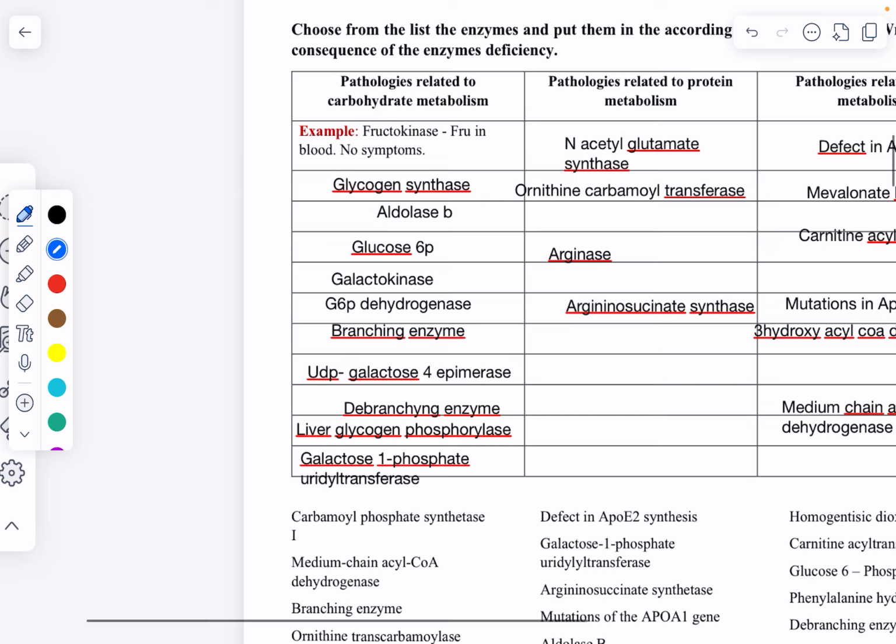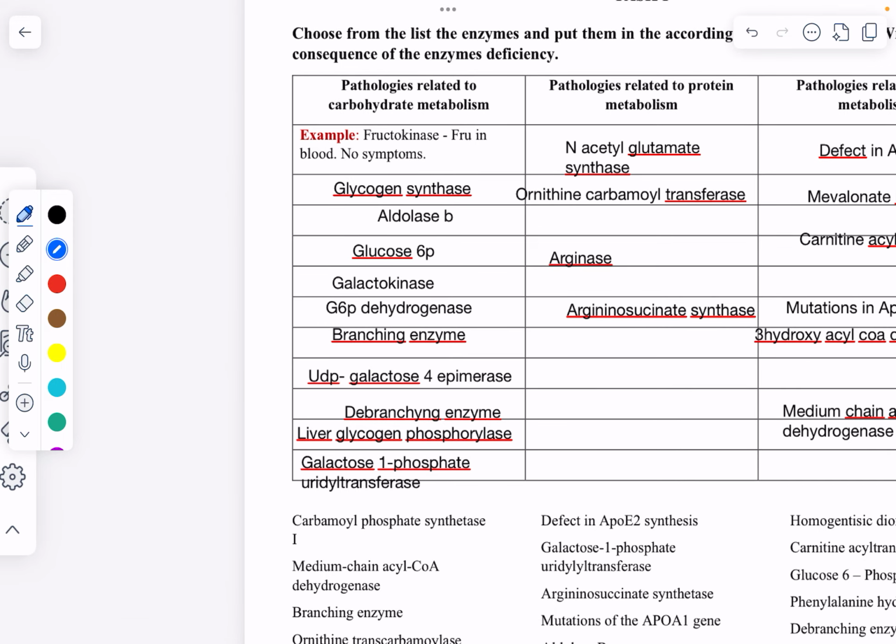Fructose 1-phosphate in the next step is converted by aldolase B into, I think, dihydroxyacetone phosphate, and also I think glyceraldehyde 3-phosphate, and these products could either join gluconeogenesis or glycolysis depending on the state of the body.